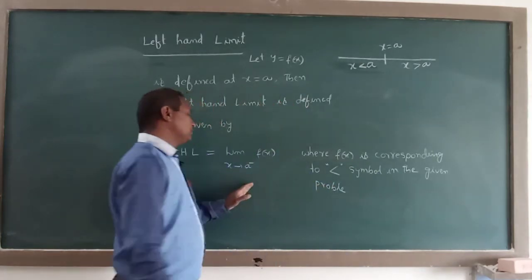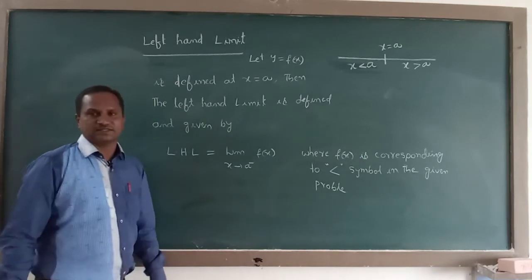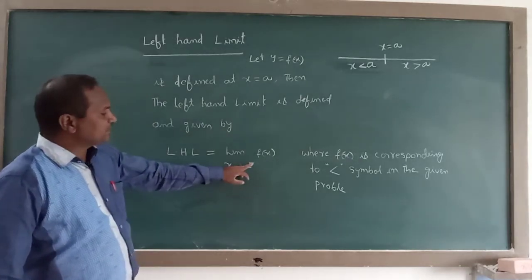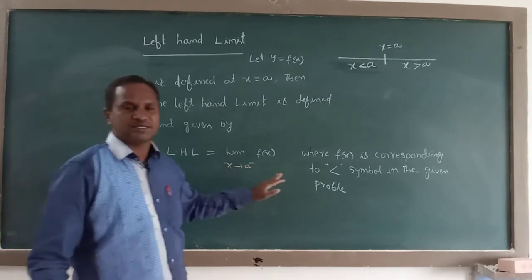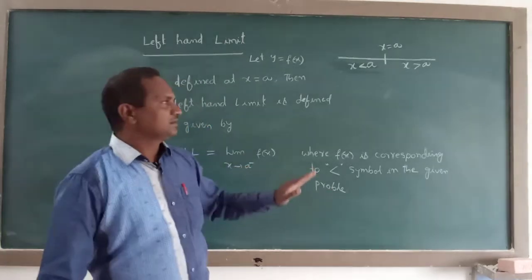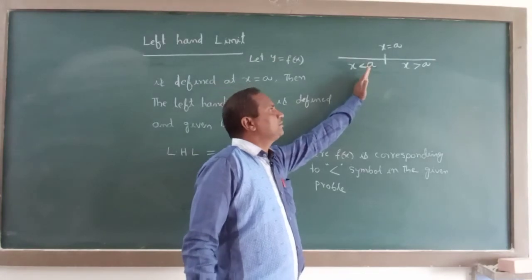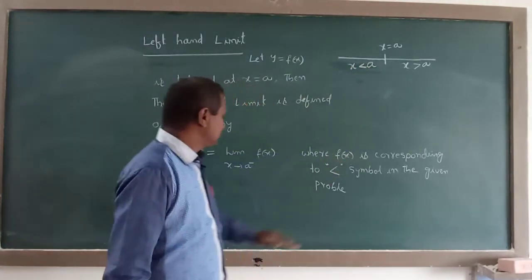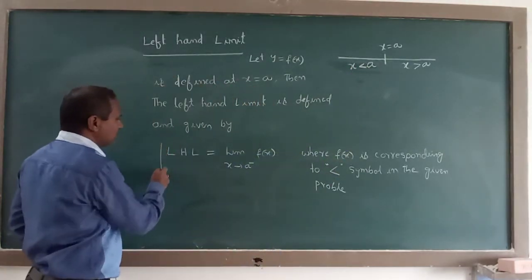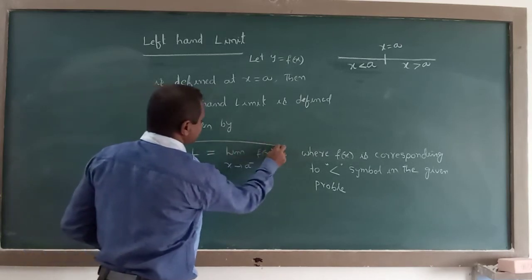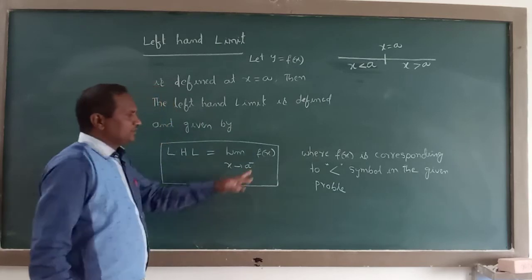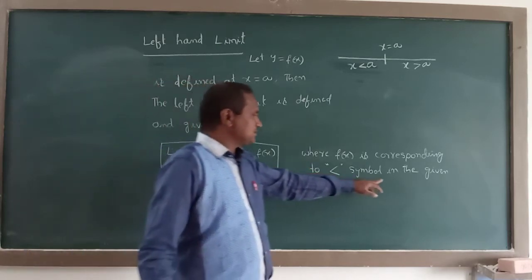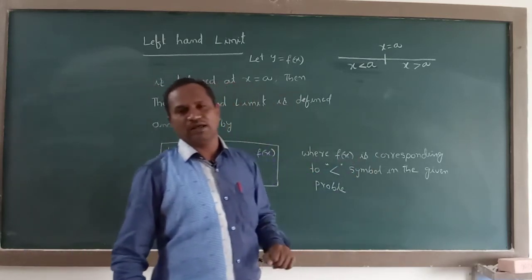Like that, we are going to select the f of x here. A minus reference means we should not take minus here; minus reference means only left hand side. That is, the function value will become this side. This is the formula to find left hand limits, where f of x is corresponding to the less than symbol in the given problem.